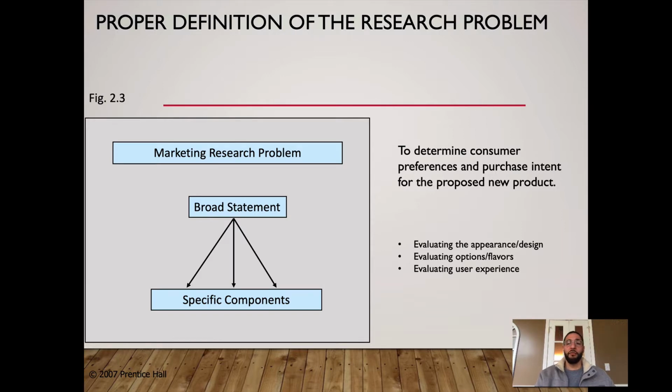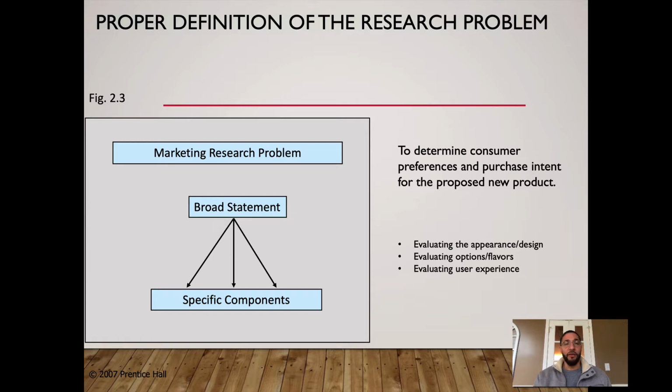well, let's evaluate the appearance and design of the new product. We need to evaluate the different options or flavors or components of what this product is. We also need to evaluate the user experience. Okay, so the usability of this thing. I mean, again, imagine we're talking about launching a new cell phone, let's say, right? And it has all these new features that nobody's ever seen before.